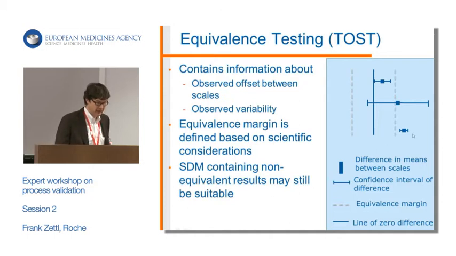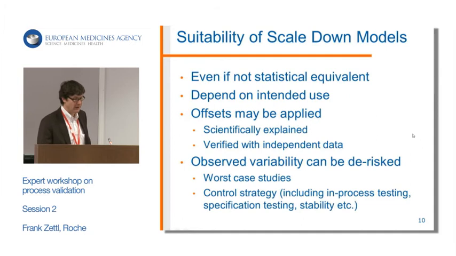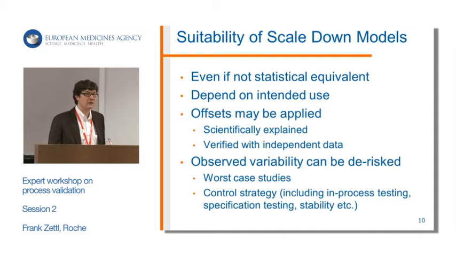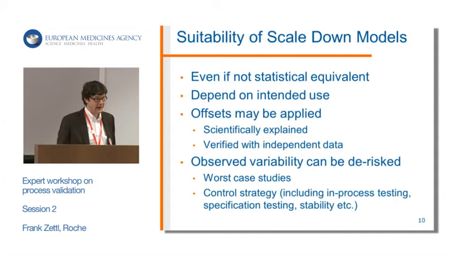On the next slide, let's go into some more details. I think we should really look at the intended use of the scale-down models. If you want to investigate whether a process parameter has an impact or not, you might not worry about an offset. If your conclusion is that there is an impact, you don't worry about an offset.